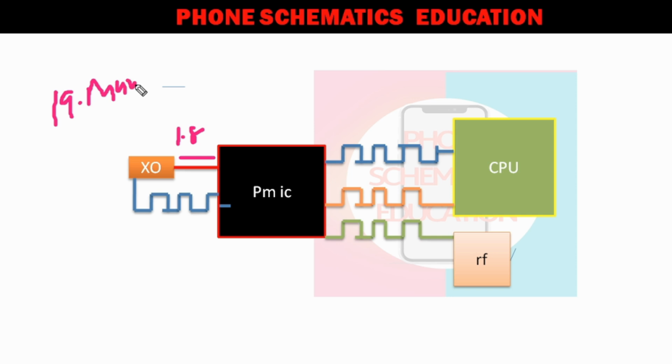So it vibrates and produces a stable clock signal. If this clock signal is not generated, or you can say this crystal does not work, your phone becomes dead. Why? I will tell you.